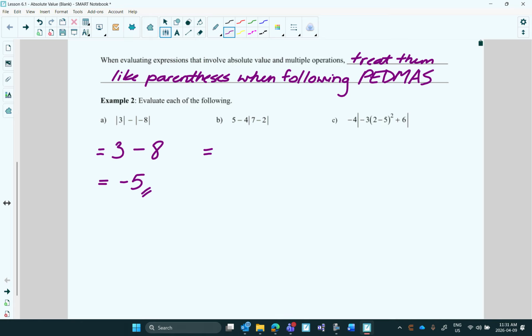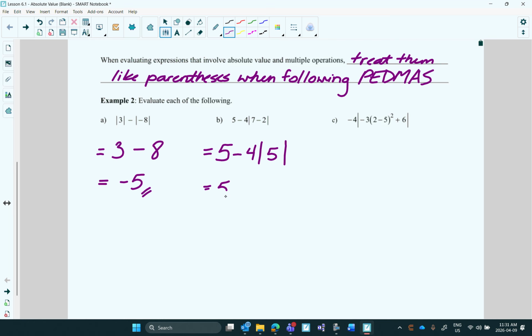For this one, treat them like parentheses, so I'm going to do what's inside first. And 7 minus 2 obviously gives me 5. But notice we haven't taken the absolute value yet. So we still have to work on this.